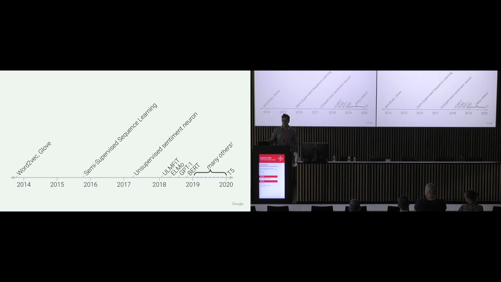And then the field was grounded in 2018 with models like ULMFiT, ELMo, GPT-1, and BERT, and during this year the community also transitioned from recurrent neural networks to transformer-based models, self-attention. After that, there's been accelerated progress, I would say. And I want to highlight T5 here because it's the model on which the experiments I will be talking about later are based.